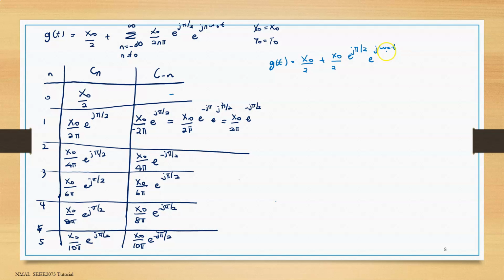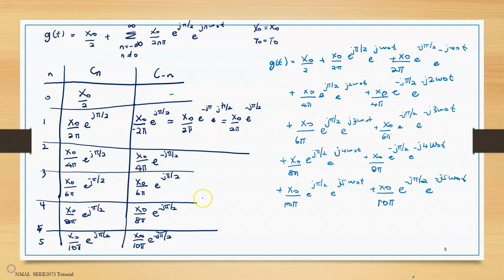Okay, the frequency component for n equal to 1, and then plus this x naught divided by 2 pi exponent negative j pi over 2 exponent negative j omega naught t plus x naught over 4 pi, and you write up until here. Okay, up until n equal to 5.